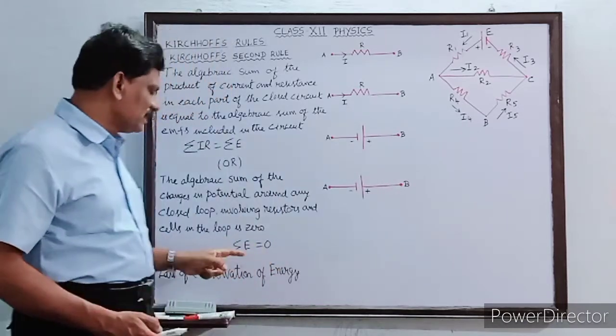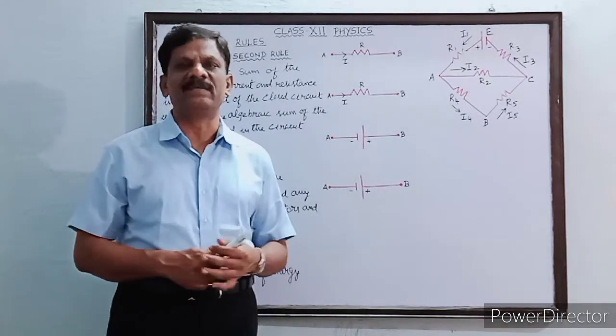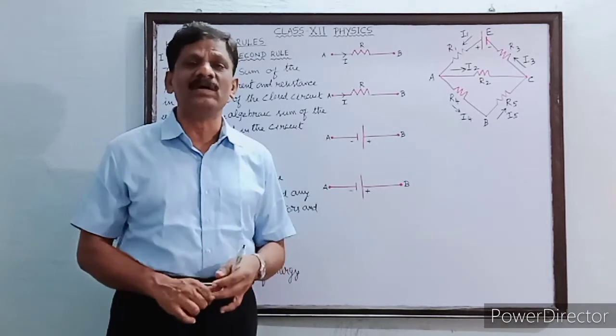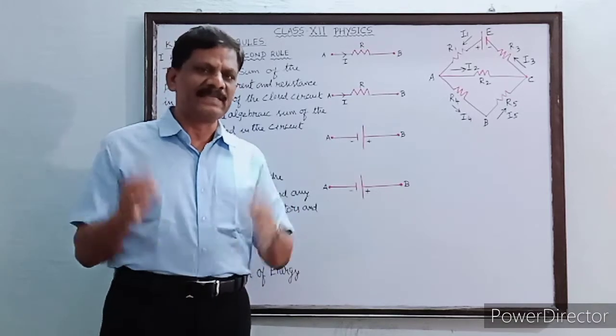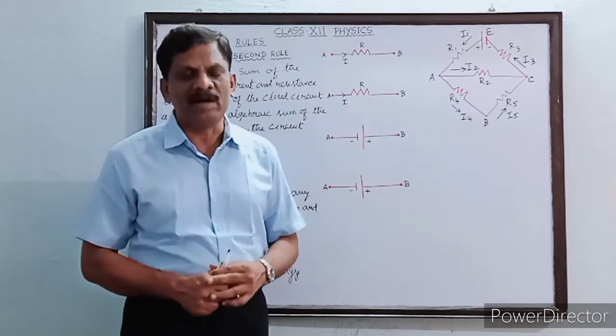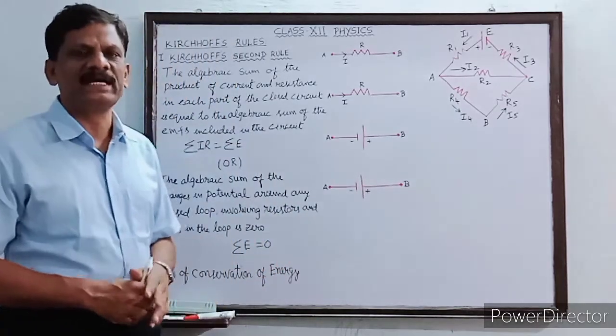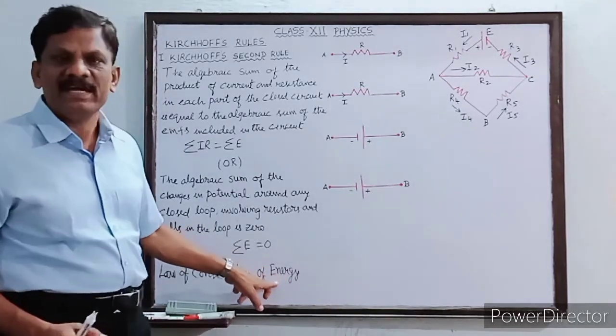And this equation we are applying in the later chapter number 7 in alternating current, when AC current is applied to an inductor, resistor and capacitor. The algebraic sum of the EMFs or the changes in potential equal to 0 will be applied. And also you must know that the second law is based on the law of conservation of energy.